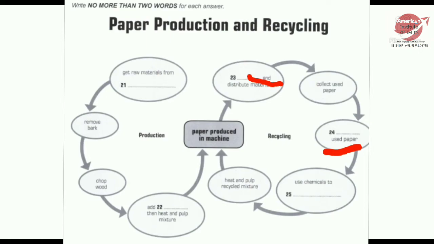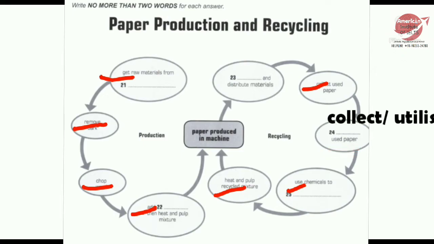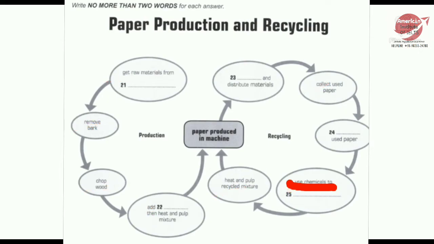If your sentences start with a verb, you always need to start your phrase with a verb. As in this case for question number 24, dash use paper means you need to collect or utilize used paper, and then use chemicals too. Chemicals too, I think de-ink, and here is too. So don't forget, for 25 you need a verb.